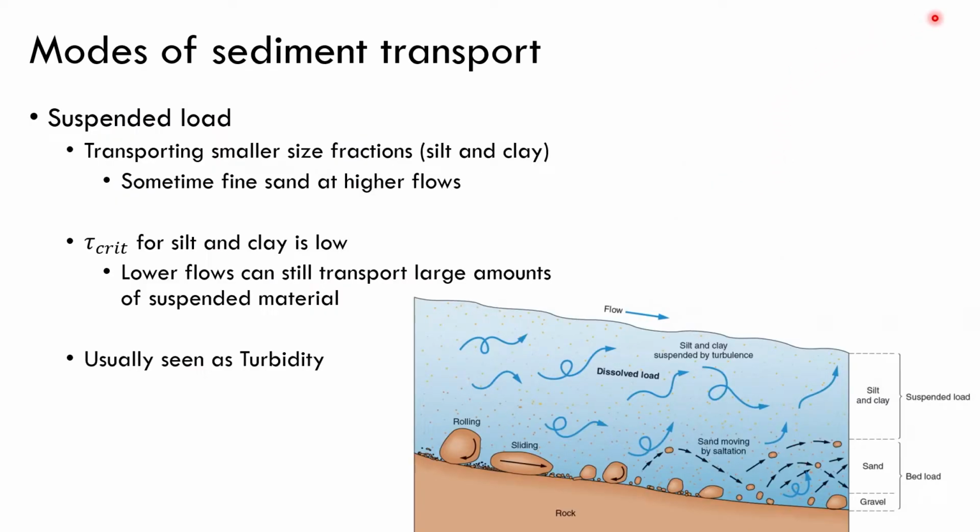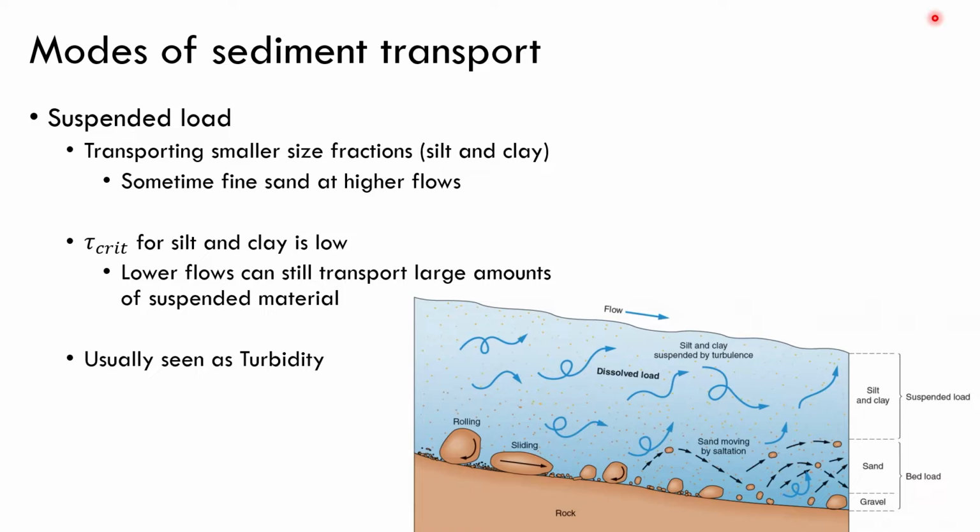Okay. And so suspended load generally applies to what we call the smaller size fractions, so silts and clays and really fine sands. It takes quite a bit of water to get these pieces of sediment up into the flow and moving. But the silts and clays tend to stay in suspension for a long time.